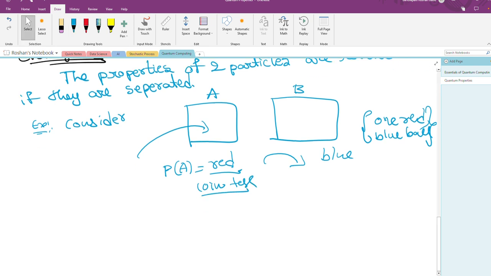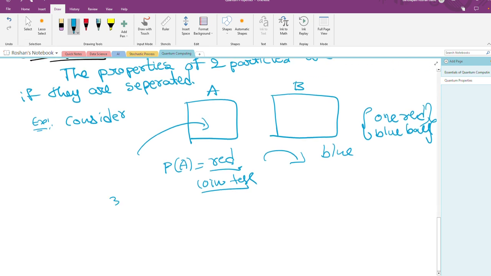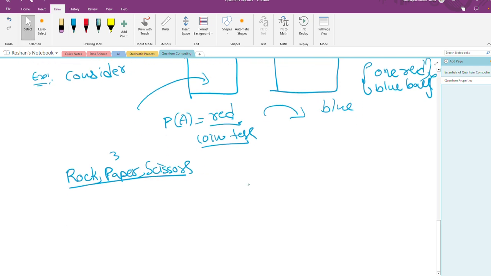But what if there are three possibilities? Take the example of the rock paper scissors game. Everyone is familiar with this game. Two persons play it.